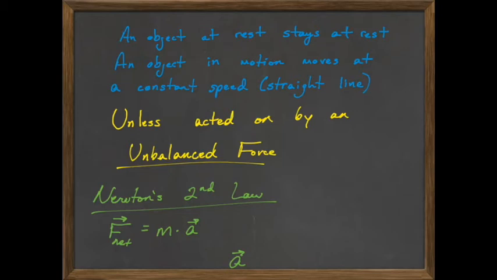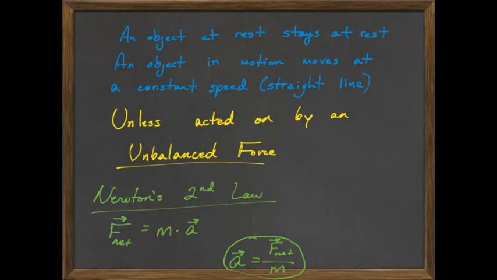Remember, acceleration is change in velocity. So acceleration tells us how the motion is changing. This change is proportional to how much net force is acting on it, but inversely proportional to how much mass it has. In other words, the heavier the object, the more massive the object, the more inertia it has, the harder it is to change the motion.